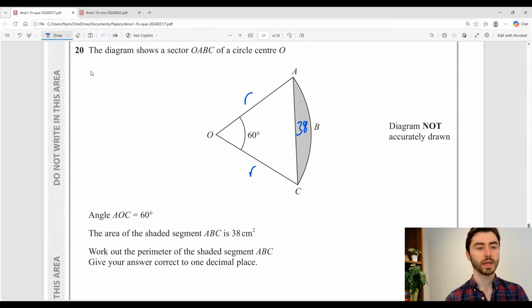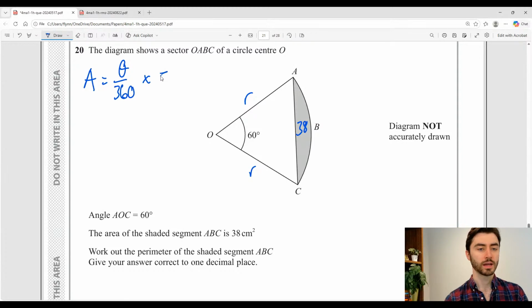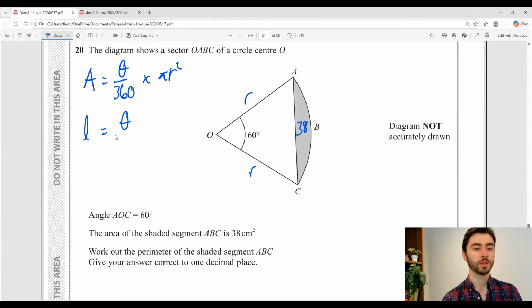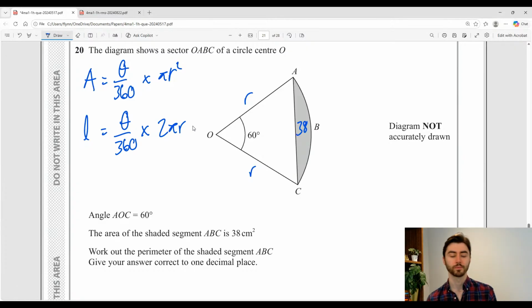So in general, the area would be theta over 360 times the area of a circle. So that fraction of the total circle's area. And an arc length would be equal to this, again, this theta over 360 times 2 pi r. So what fraction of the circumference?